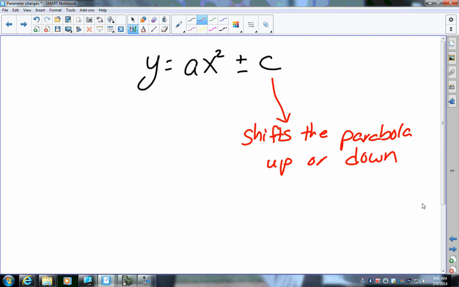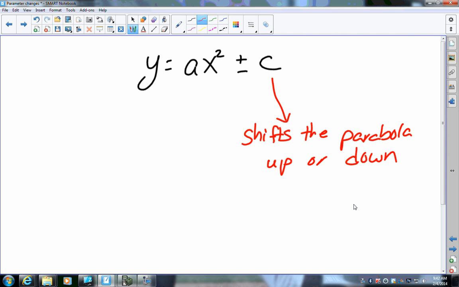That's what that number does at the end. It shifts your parabola up or down. If it's plus 5, it moves it all up 5. If it's minus 6, it moves it all down 6. That is the only thing it changes. It doesn't change the width. It doesn't change the direction, and we're going to deal with that in just a second.